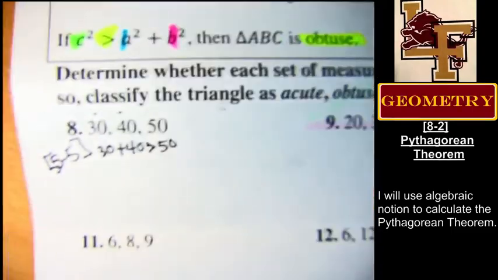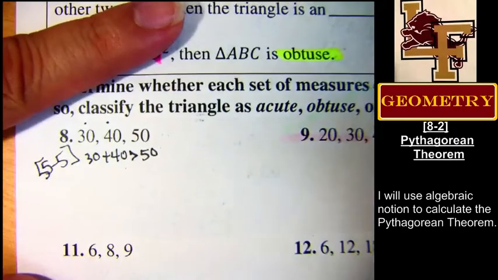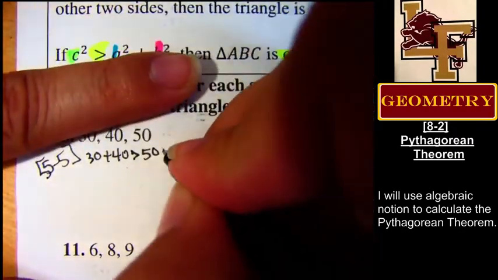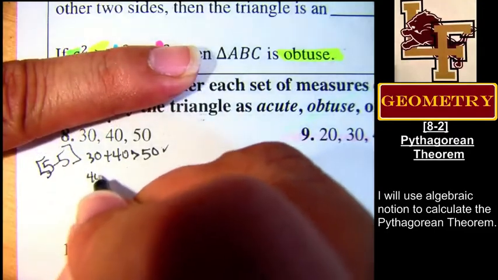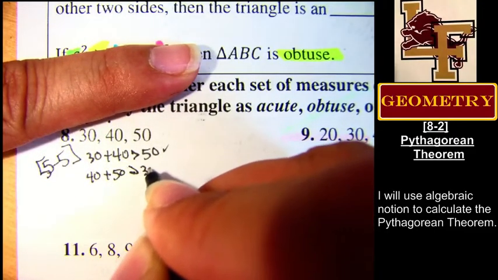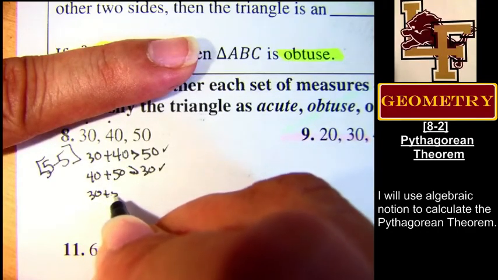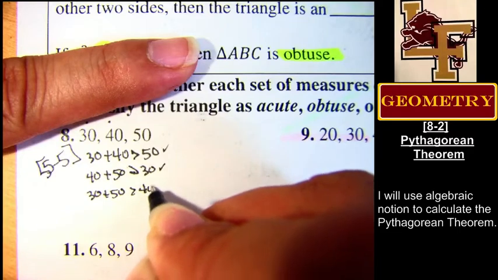I'm going to zoom in a little bit. True or false? That's true. Then we're going to check the next two. True. And now we're going to check the last two.